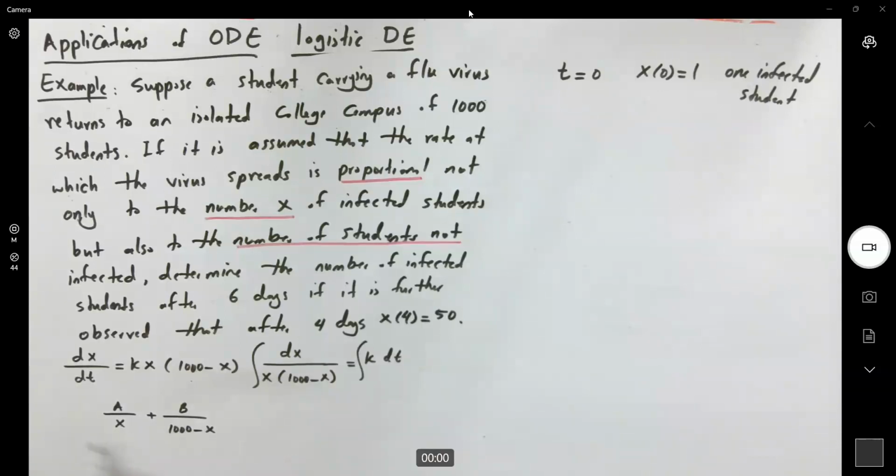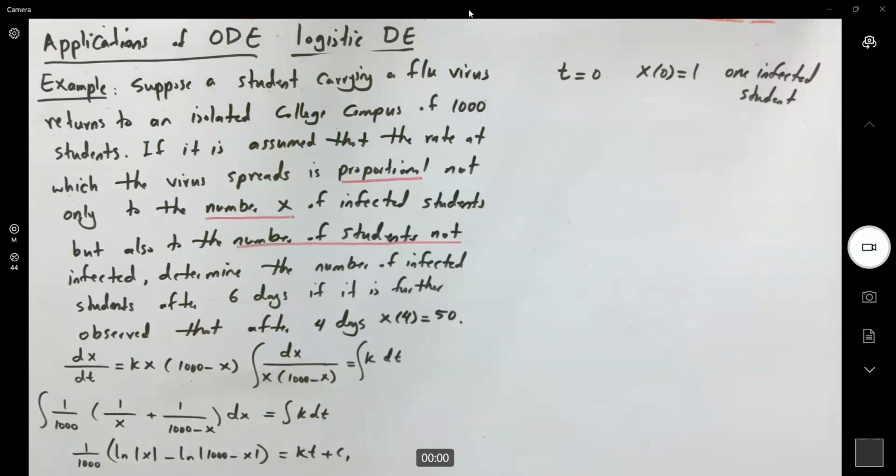If you multiply this by 1,000, a and b are equal to 1. dx equals the integral of k dt. So we get 1 over 1,000 ln of absolute value of x minus ln of absolute value of 1,000 minus x equals kt plus c sub 1.